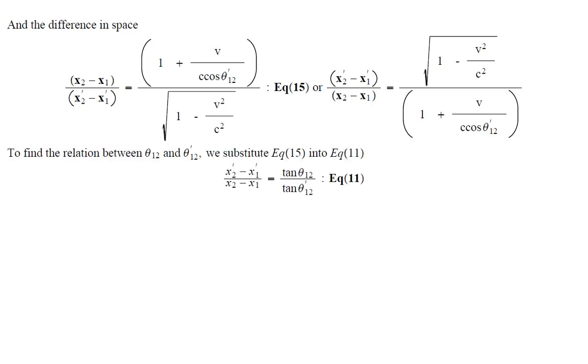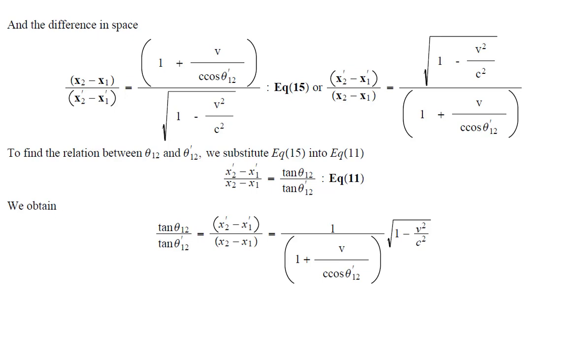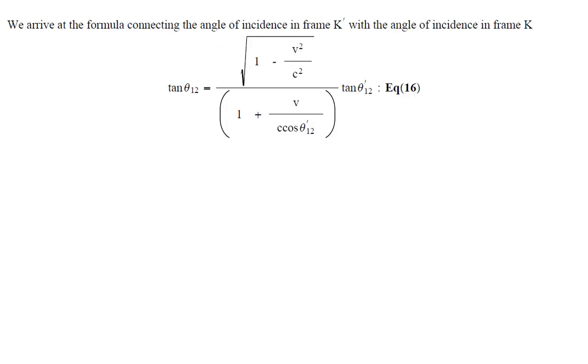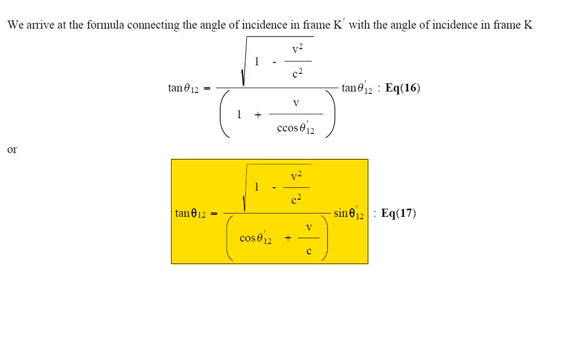To find the relation between θ12 and θ12', we substitute equation 15 into equation 11. We obtain the following. We arrive at the formula connecting the angle of incidence in frame K' with the angle of incidence in frame K. Or.